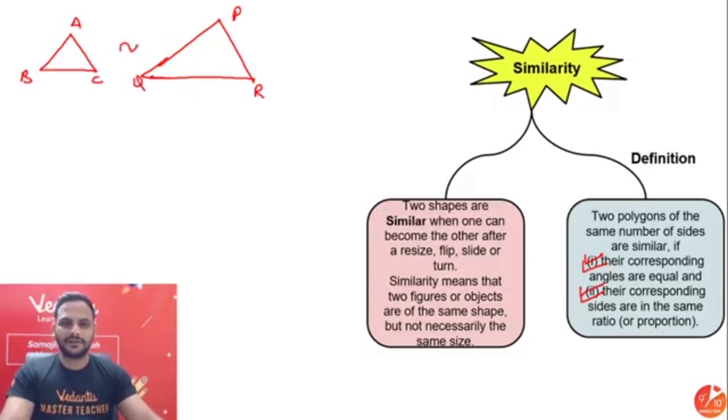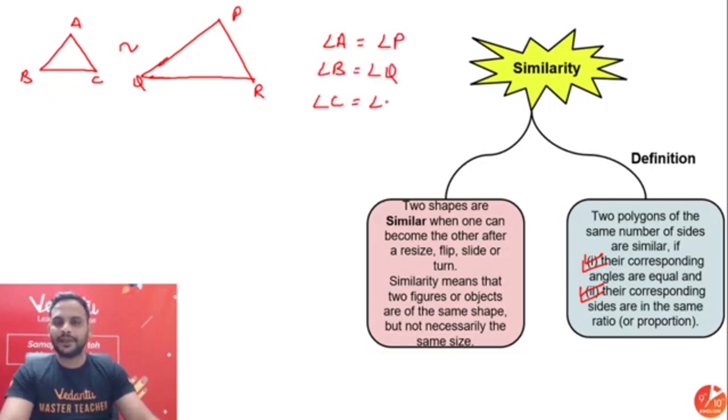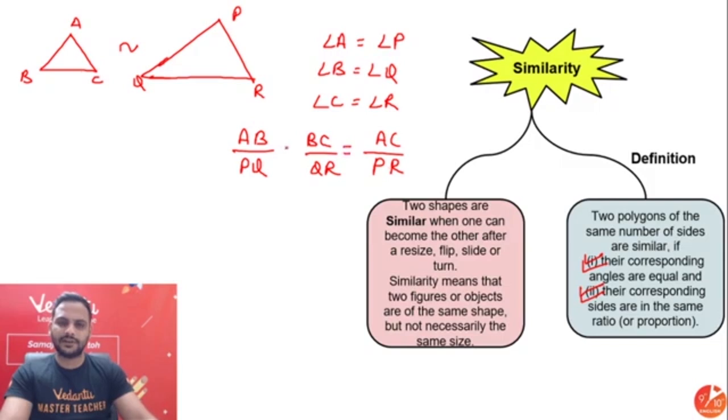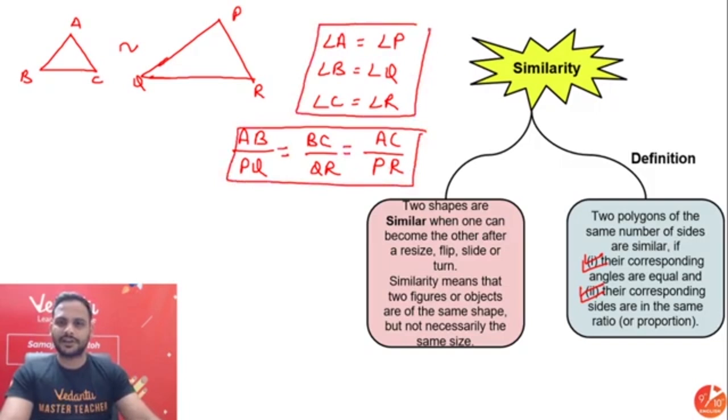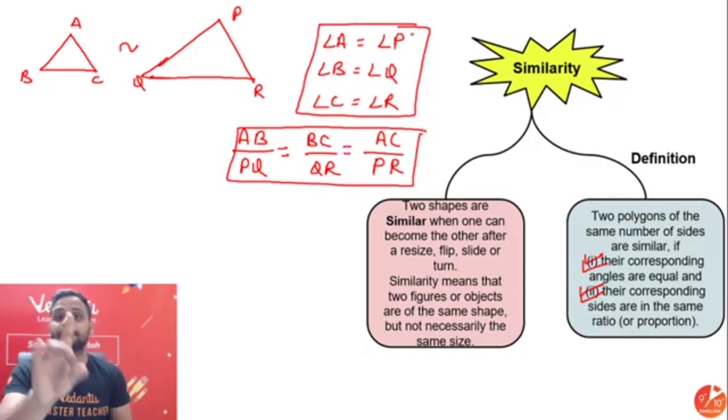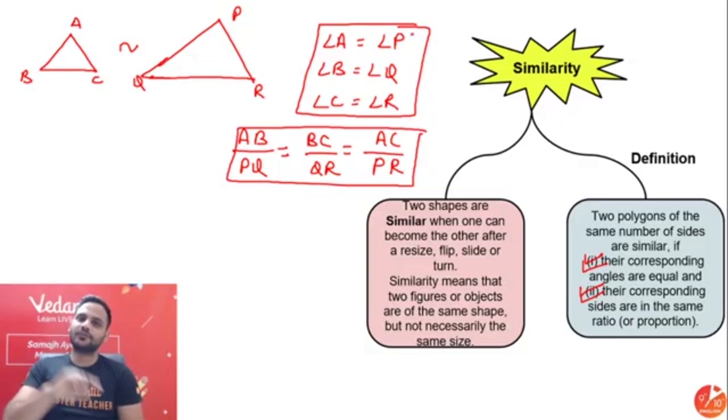If they are similar, I can say angle A and angle P are equal, angle B and angle Q are equal, angle C and angle R are equal, and the ratio of AB with PQ, the ratio of BC with QR, and the ratio of AC with PR, all three will be equal. So all the corresponding angles are equal, all the corresponding sides are proportional. But in case of congruency, the ratio of the sides becomes 1. That means sides are equal.